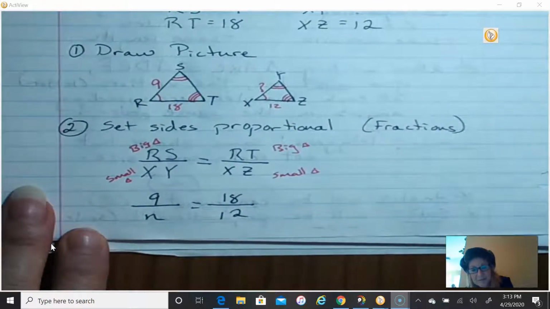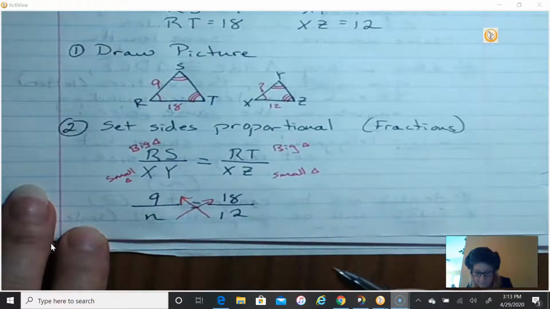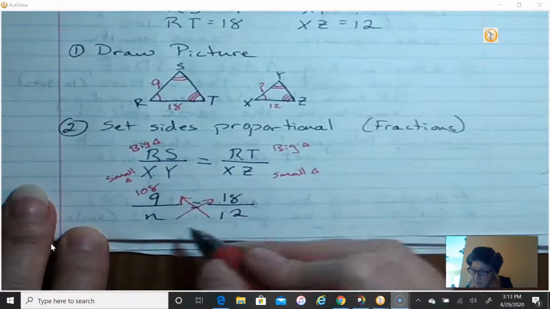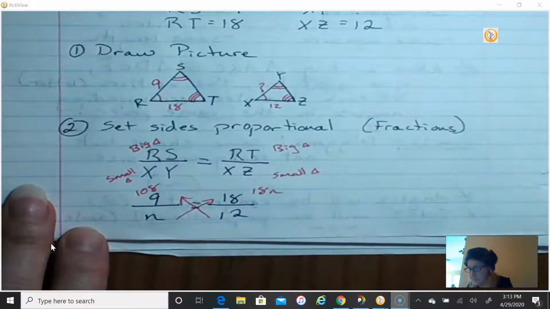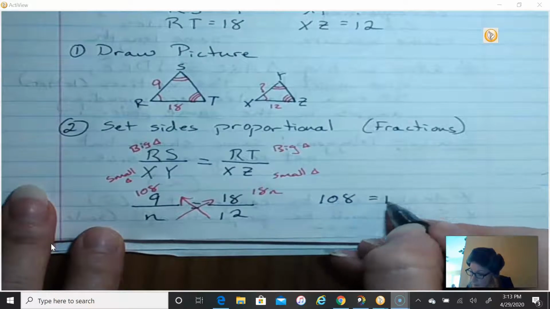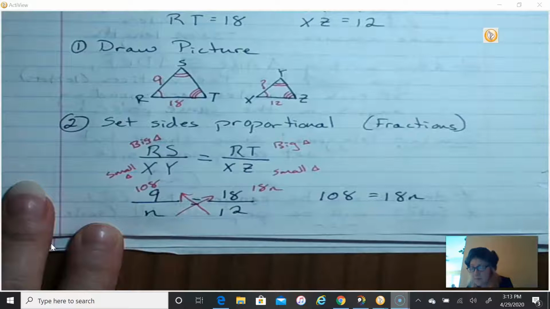Now what do we do? You're right. Cross multiply. 9 times 12 is 108. N times 18 is 18N. So 108 equals 18N. Now what do I do?